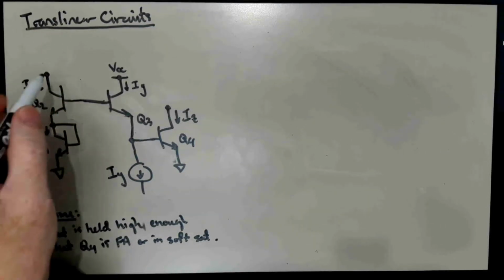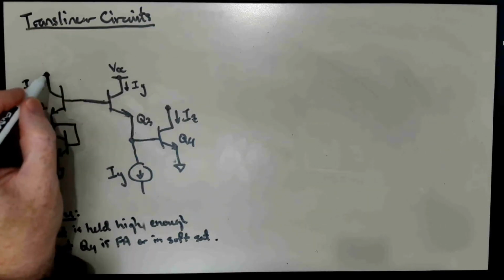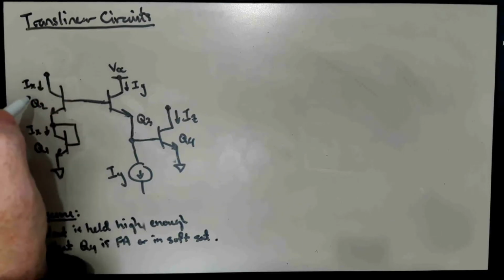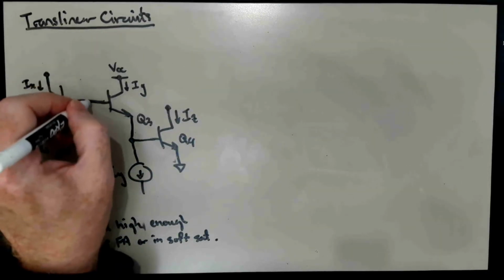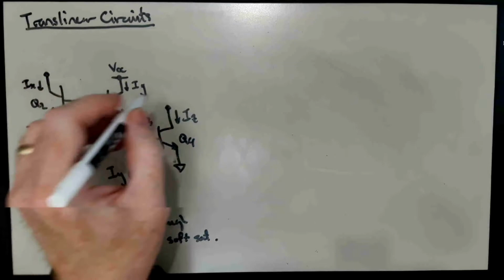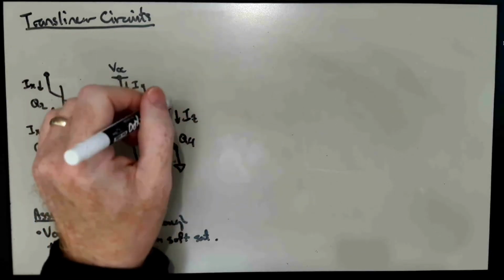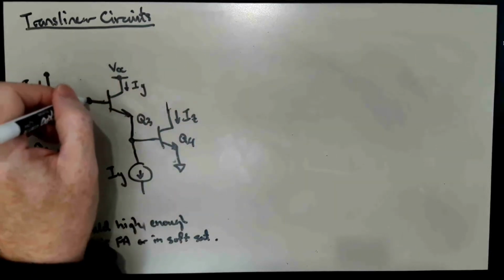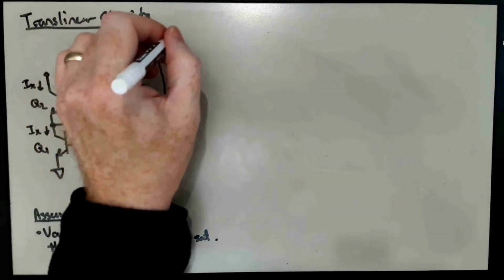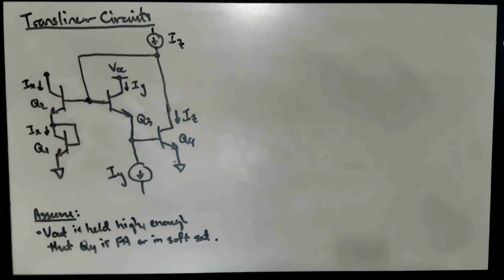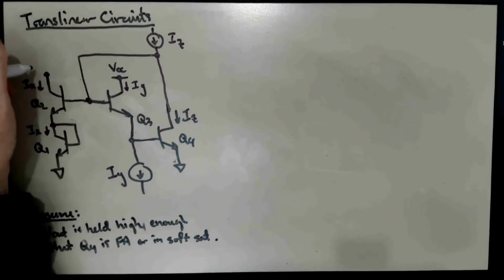I'm going to take my diode connection, which was over here on Q2, and I'm going to hook it up over here. And I'm going to make IZ my input current, and I'm going to make IX my output current. And we'll call this V out.